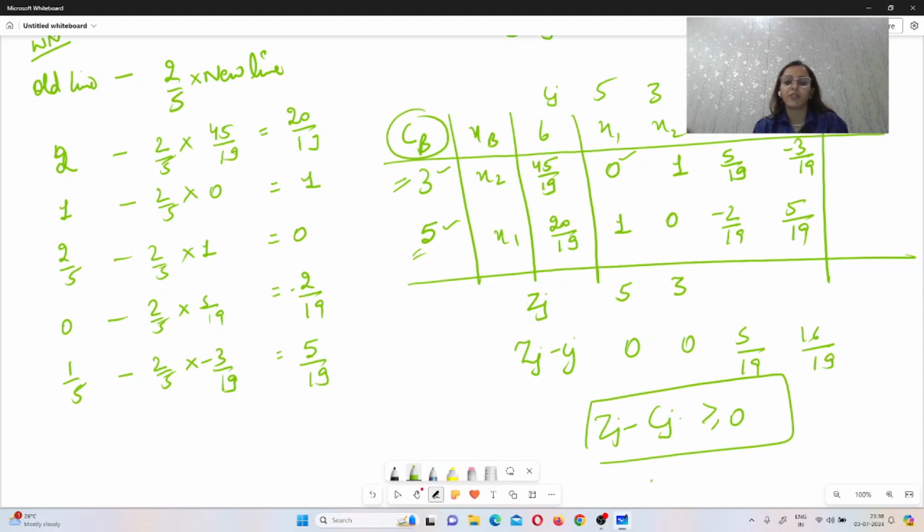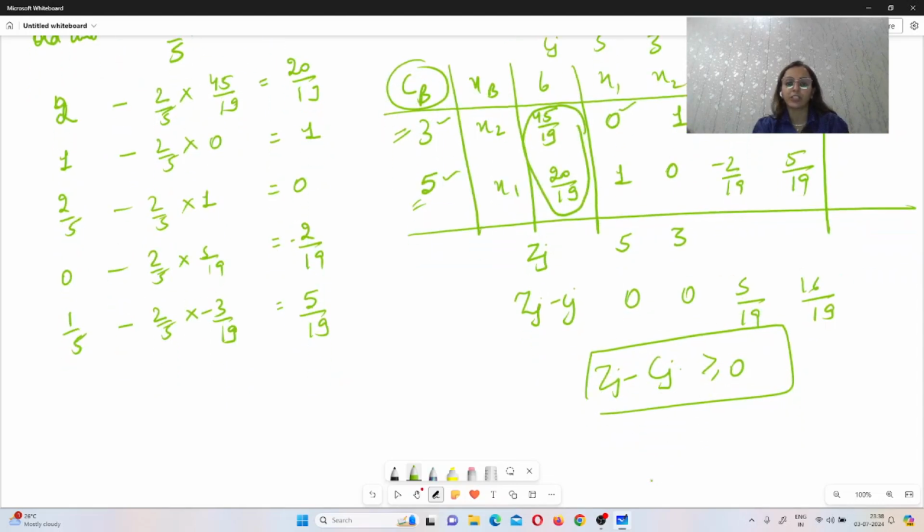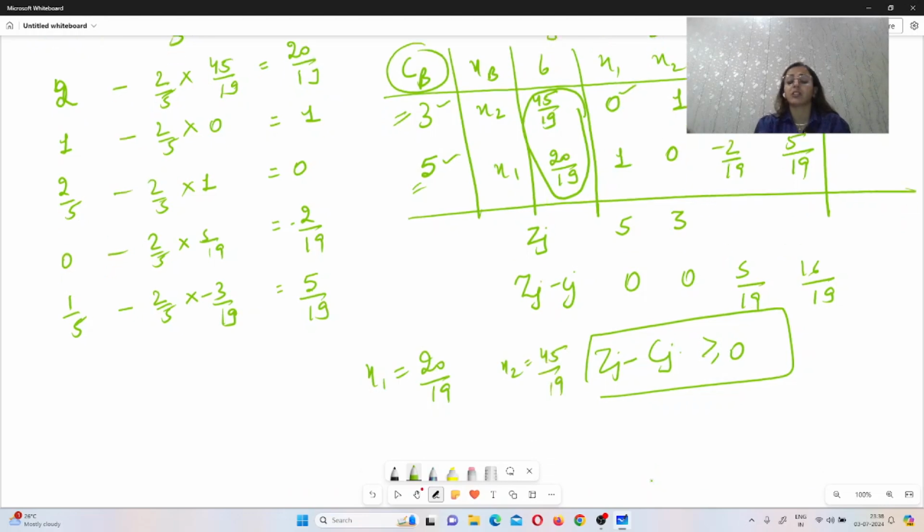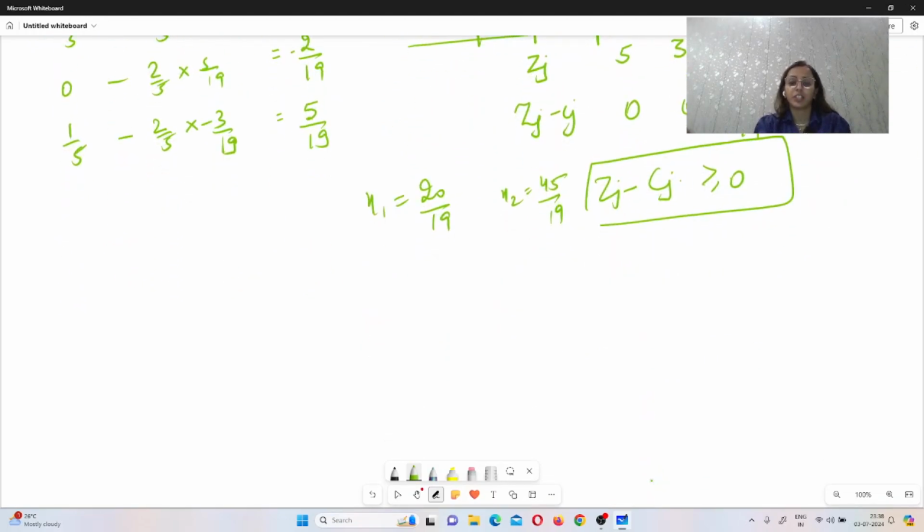So the basic values we have found for B are 45 upon 19 for x2 and 20 upon 19 for x1. So x1 is equal to 20 upon 19 and x2 is equal to 45 upon 19. That will be the best answer for the simplex method, and we can check it by putting these values in Z, the maximum.